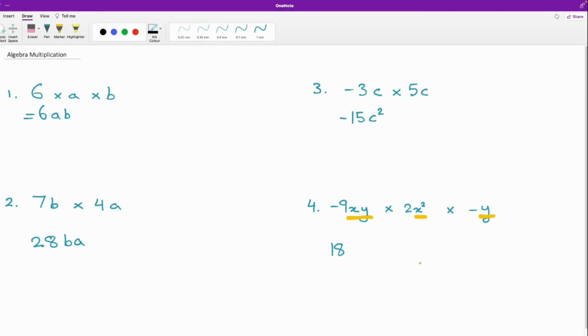X times x squared will give you x cubed. And now let's focus on the y's. We have a y over here and another y over here. Y times y means y to the power of 2. And that's what we put over there. And overall, we can see that our answer is positive 18 x cubed y to the power of 2.